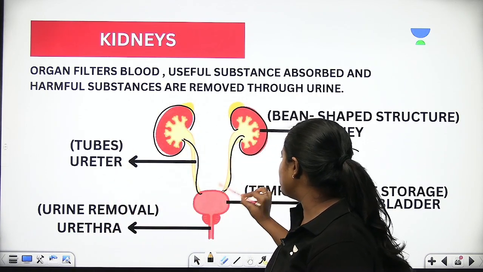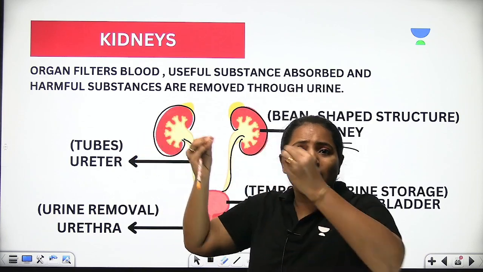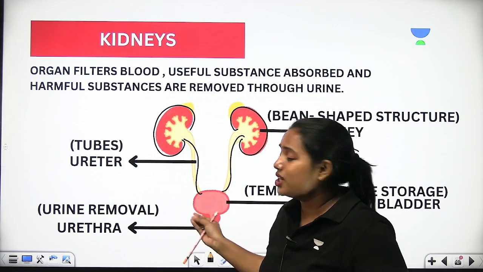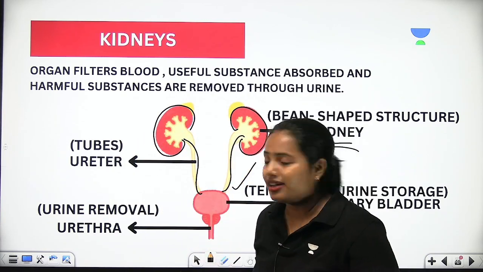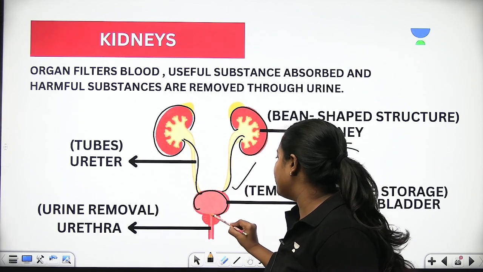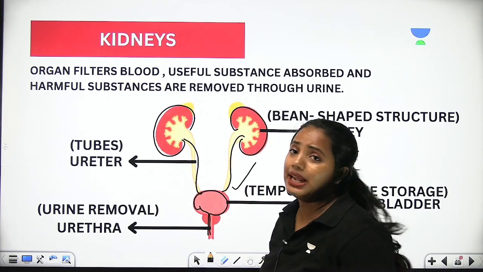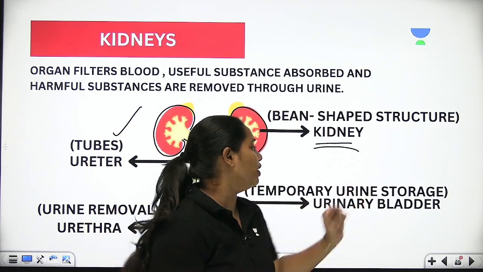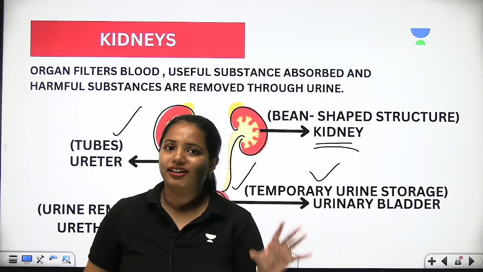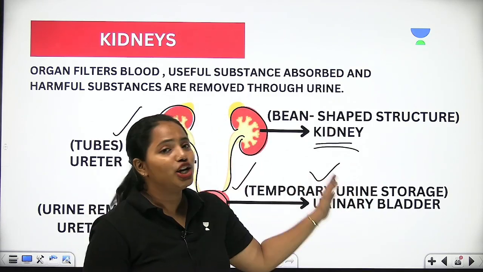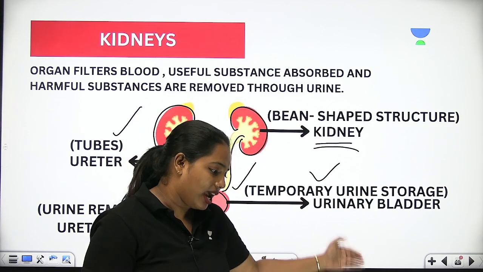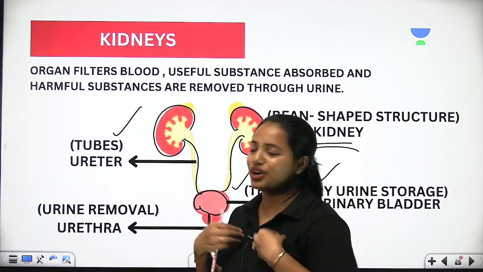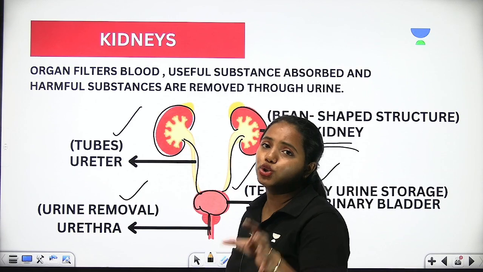These tubes carry urine from the kidneys towards the urinary bladder. This sac-like structure is the urinary bladder, where the urine gets collected temporarily. Got it? This is a temporary urine storage area, and when it is time to eliminate the urine from the body, this happens through the urethra.